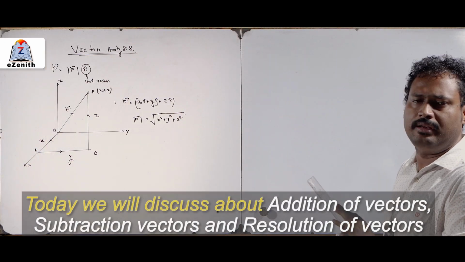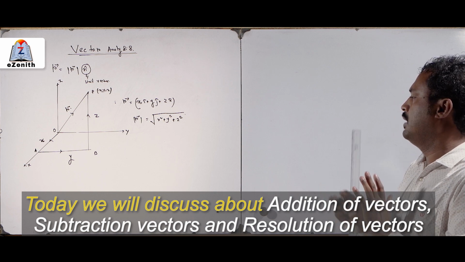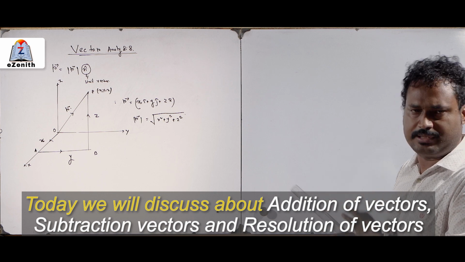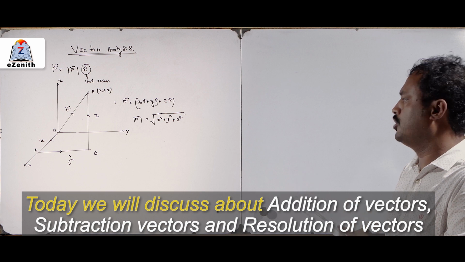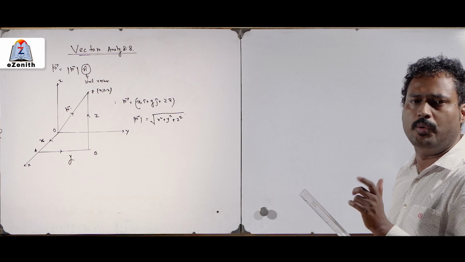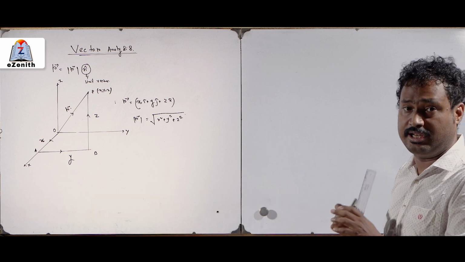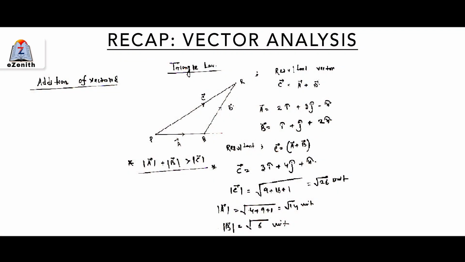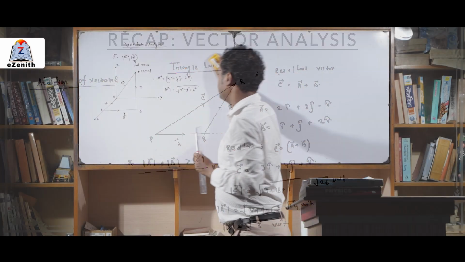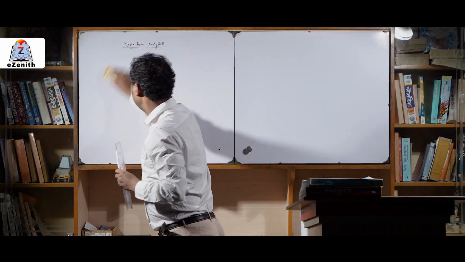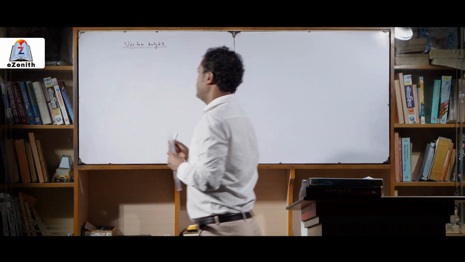Today we discuss the addition of vectors, subtraction of vectors, and the resolution of vectors. Now, with the topic that is the addition of vectors, let's start with the addition rules.